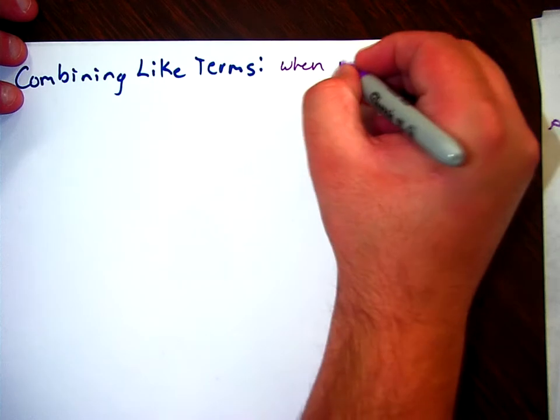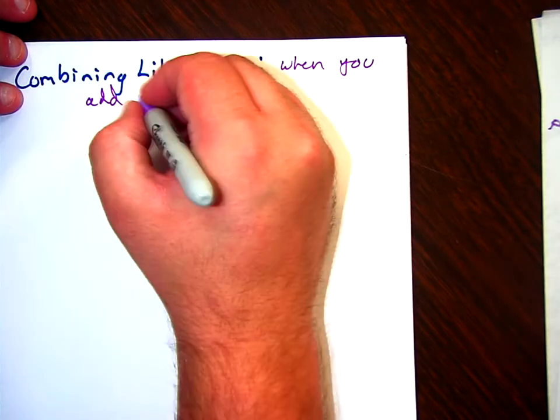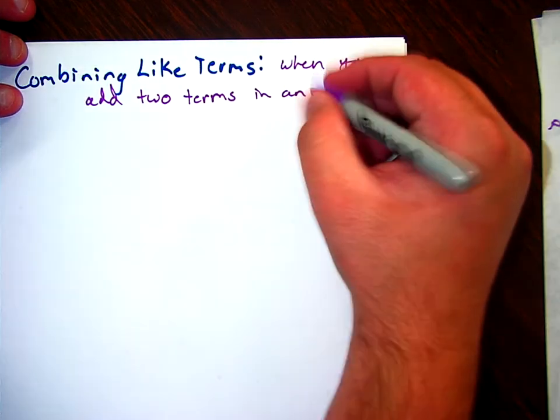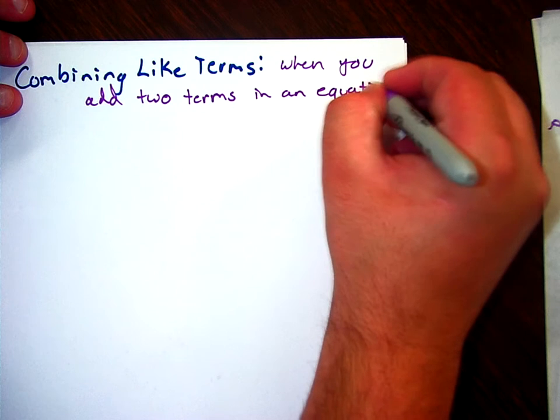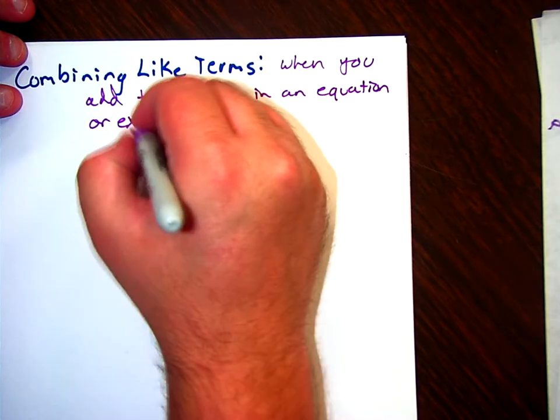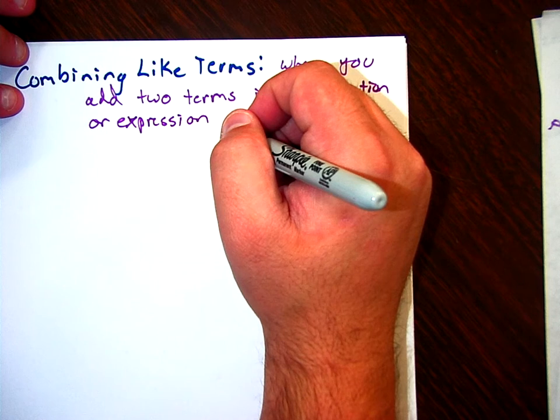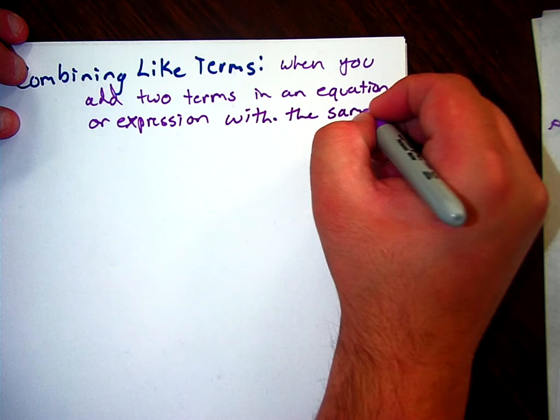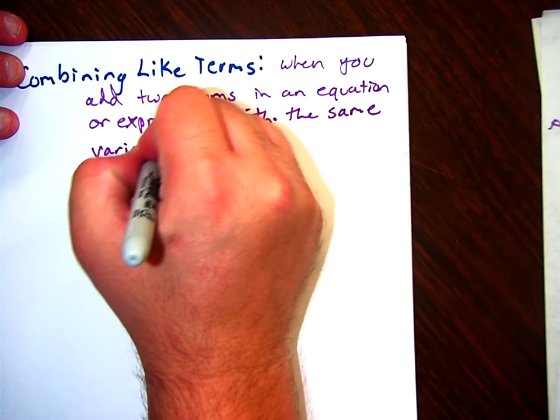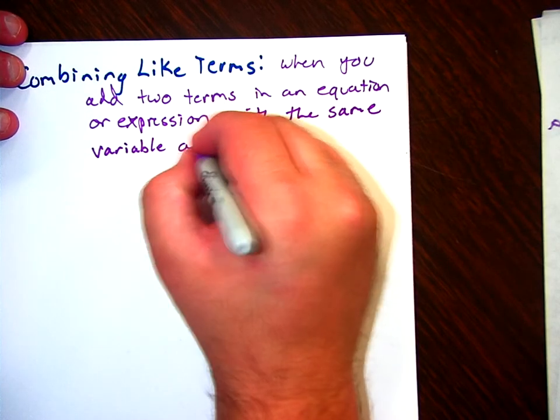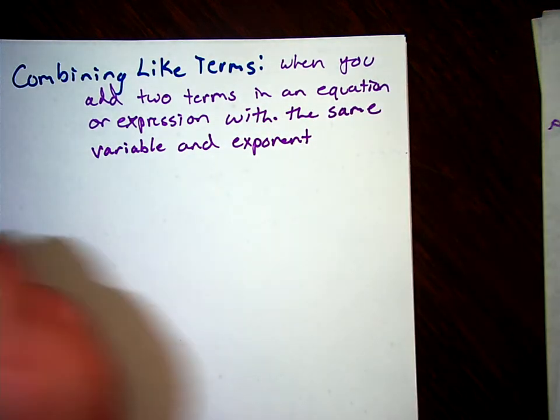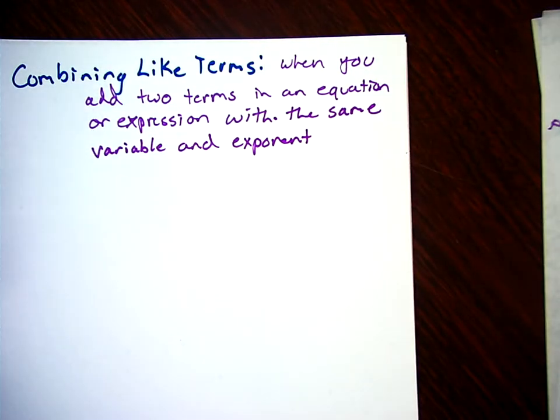So this is when you add two terms in an equation or expression with the same variable and exponent. Okay. It's combining like terms.